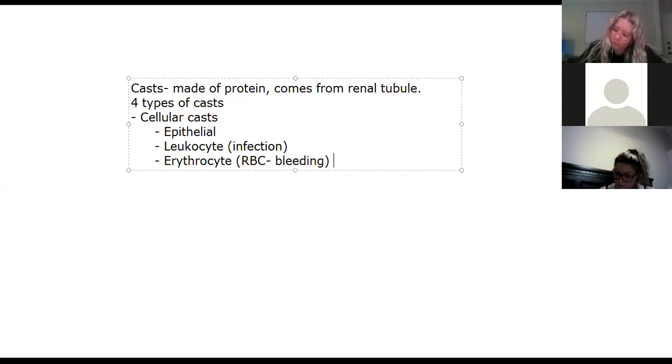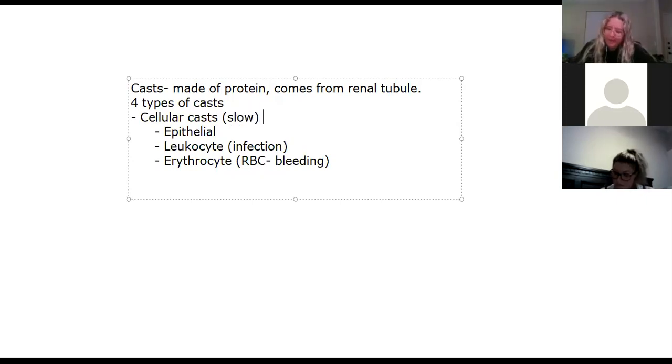Sometimes we could potentially have leukocyte and erythrocyte casts, like if we have an infection, we can also see some blood too in some situations. Okay, so that's our cellular casts. And this will be in situations of things moving through the renal tubules. This will be slow. So things are moving slowly through our renal tubules.